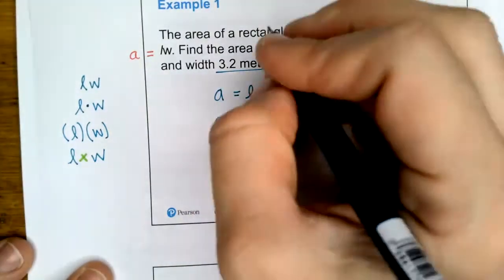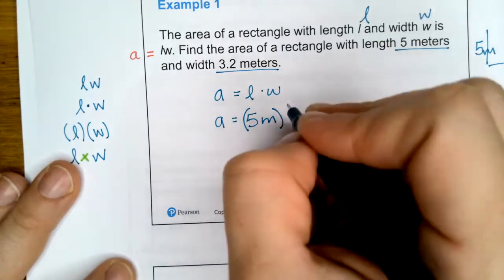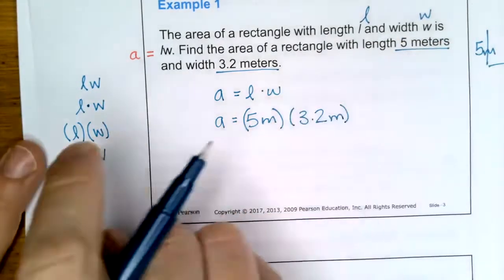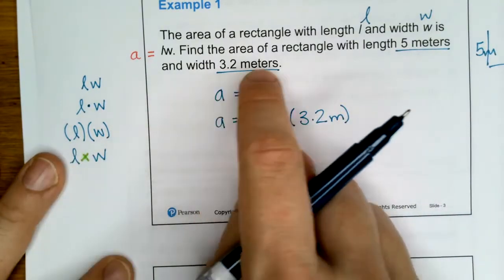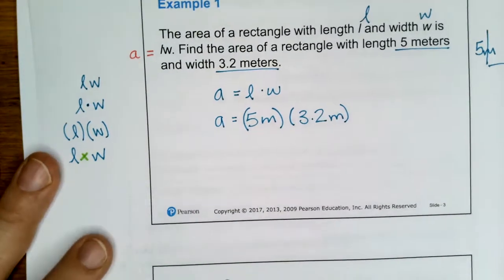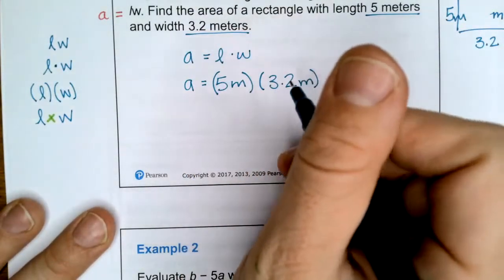So 5 meters times, I like parentheses, 3.2 meters. I especially like parentheses if it's a letter right next to another letter or a letter right next to a number because, well, I'll just show you later. So we have 5 times 3.2.